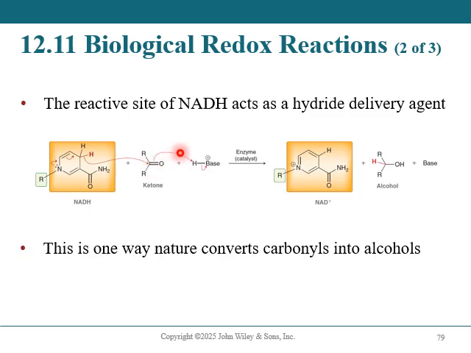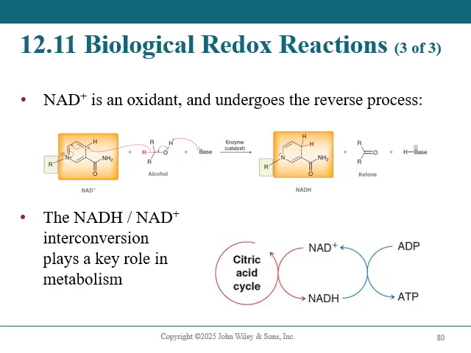The carbonyl will grab a proton, and as a consequence you get your two hydrogens, one from your reducing agent and one from your solvent, and you get your alcohol. The NADH-NAD+ interconversion plays a key role in metabolism. You will see a lot of this when you look at biochemistry.